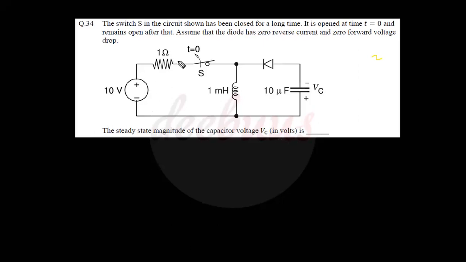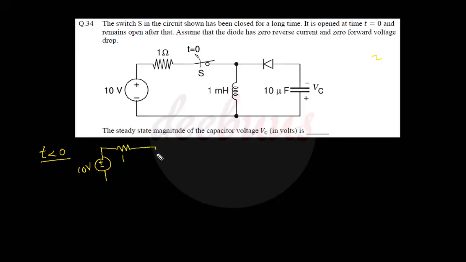So initially the switch is closed. Before t less than 0, the switch is closed and the inductor attains steady state, that is, the inductor behaves as a short circuit. So we can first calculate the initial current flowing through this inductor. For t less than 0, the circuit turns out to be this way: plus minus 10 volt, 1 ohm.